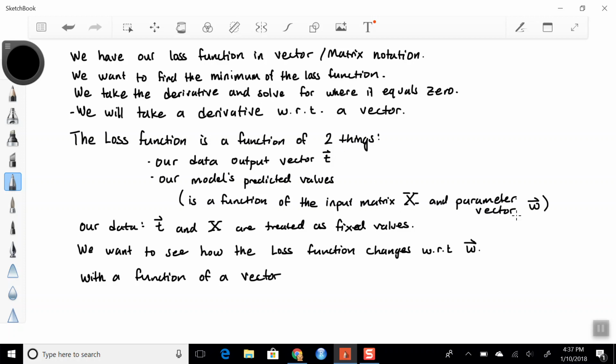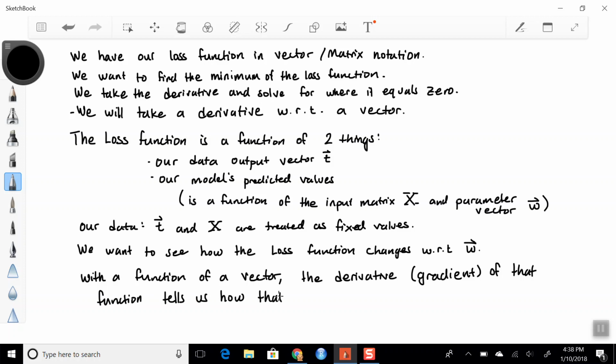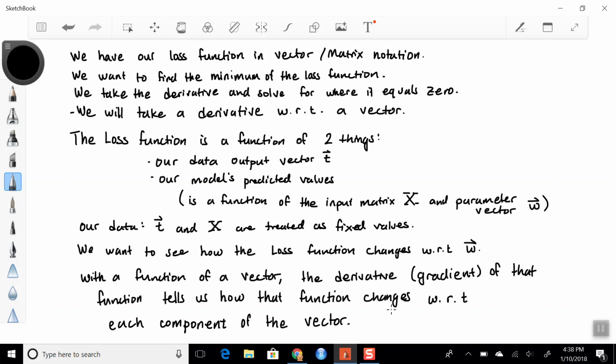If we keep everything else constant, the only thing that can change is W. And so the gradient itself is a vector. The gradient itself is a vector.